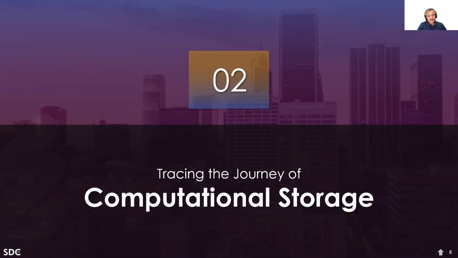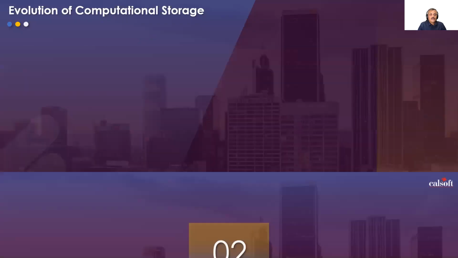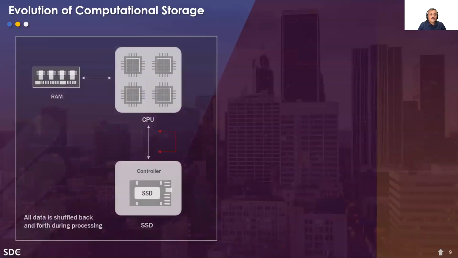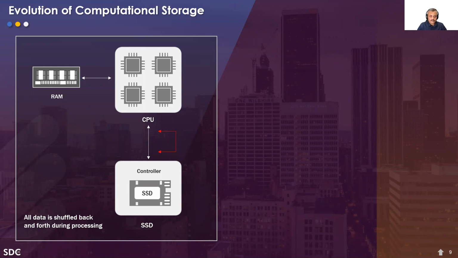So this was all about storage from the devices and topologies and different concepts which came into storage. Now, let's look at what actually led us to computational storage. If we look at a typical compute system, there is a CPU and storage, and let's take SSD as a conventional storage today.